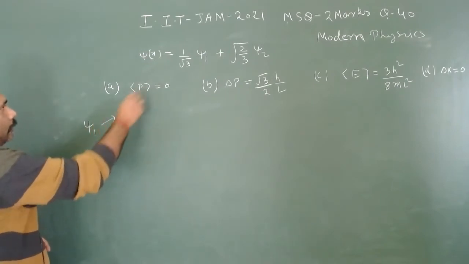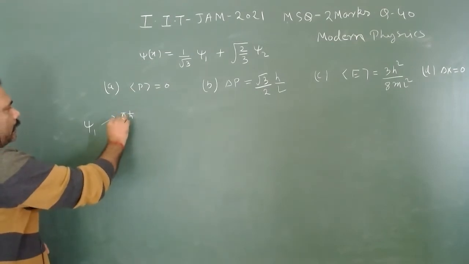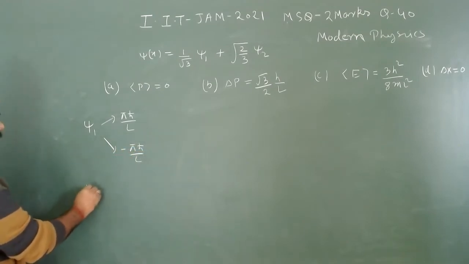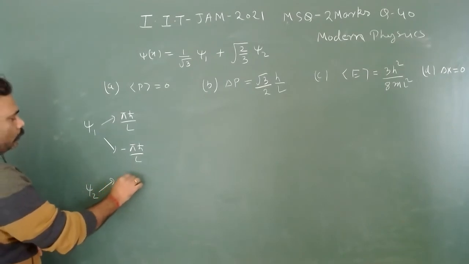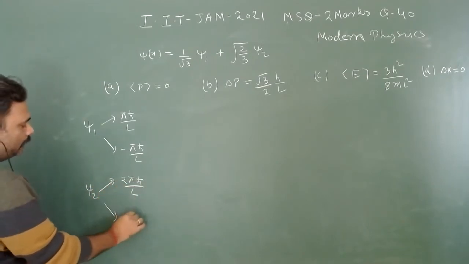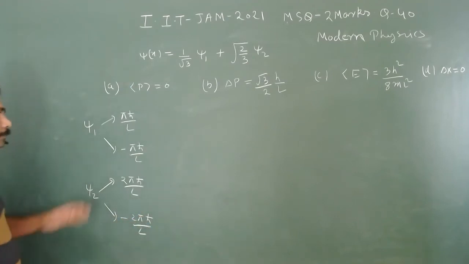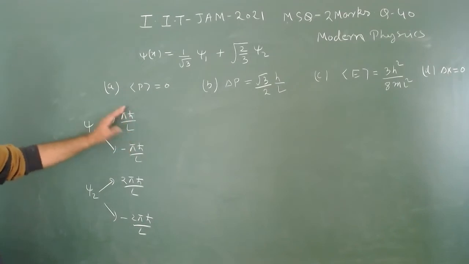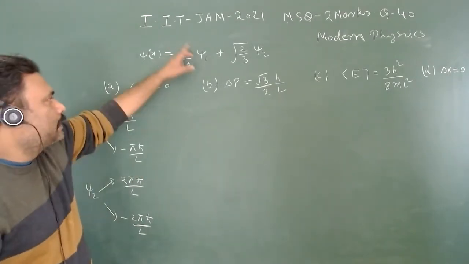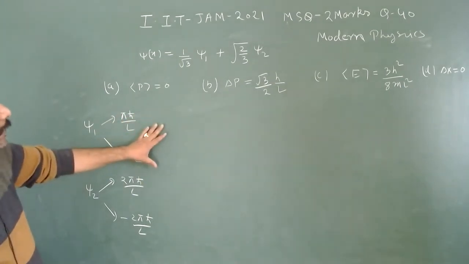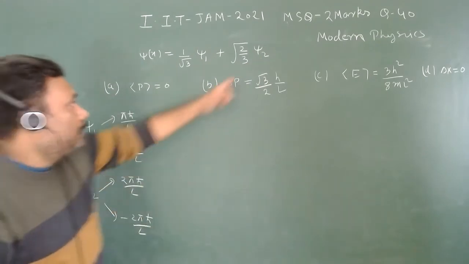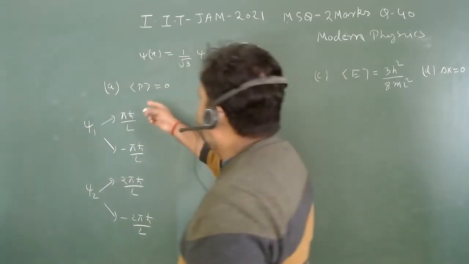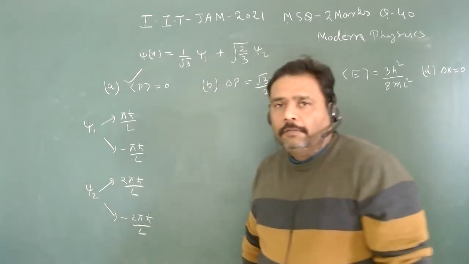The momentum associated with psi1 is pi h cut upon L as well as minus pi h cut upon L. Similarly, the momentum associated with psi2 is 2 pi h cut upon L and minus 2 pi h cut upon L. We can see that these two momenta are in opposite directions, but their coefficient is the same, so the probabilities are the same. The same holds for psi2. So I can easily claim that the average value of momentum is 0.